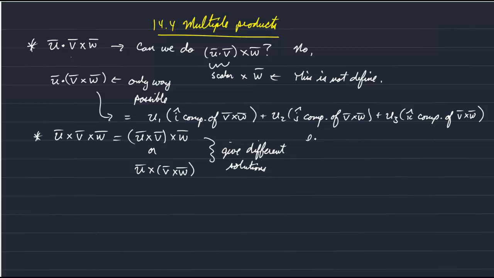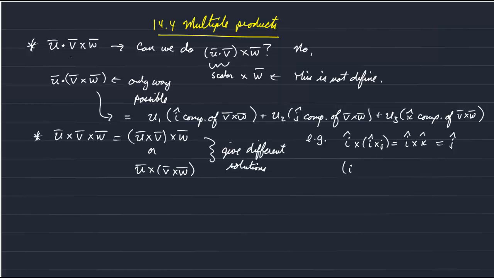And for example, if we were to consider our unit vectors, i crossed with the cross product of i cross j, that is equal to i crossed with k hat, and that's equal to minus j hat.